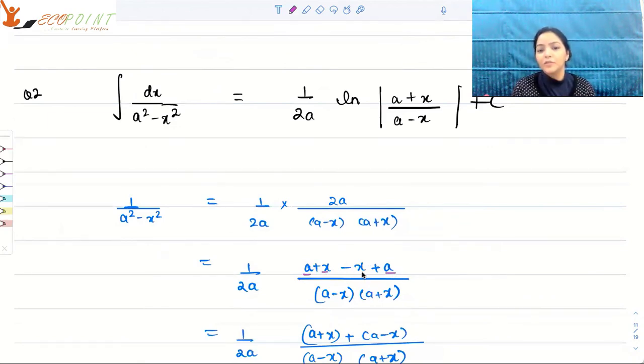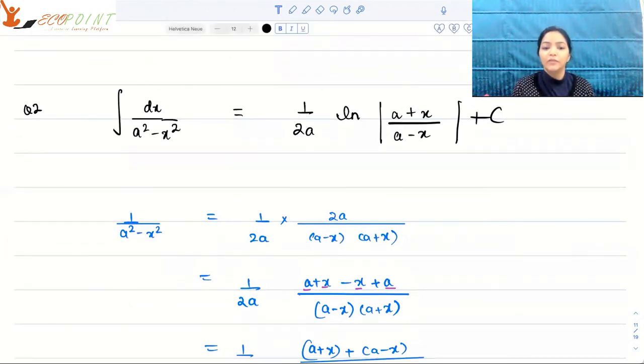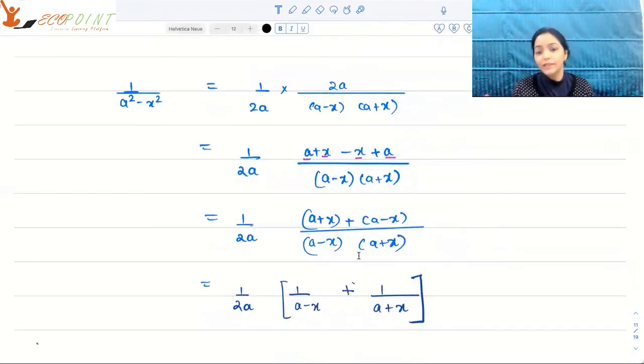You add and subtract x, so that now you can simplify. So you have a plus x, you have a minus x. Now when you split it up, a plus x cancels. You have 1 upon a minus x plus 1 upon a plus x.